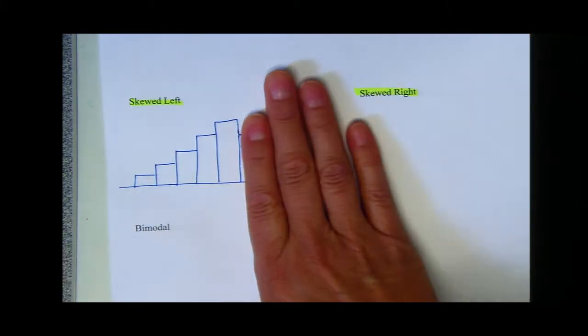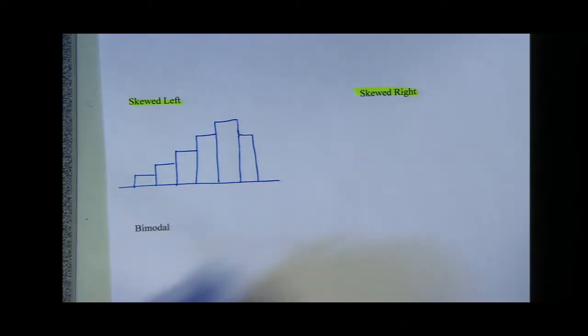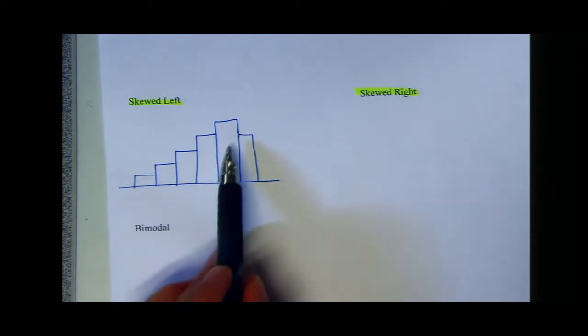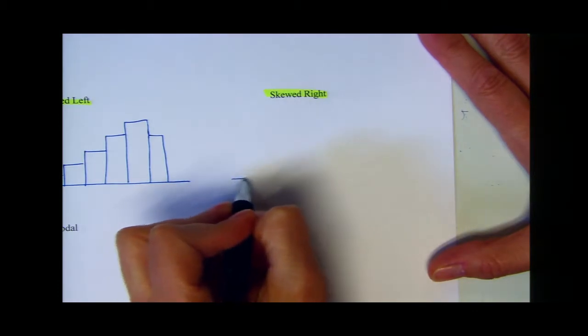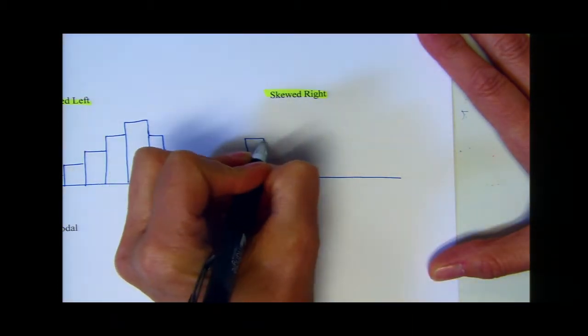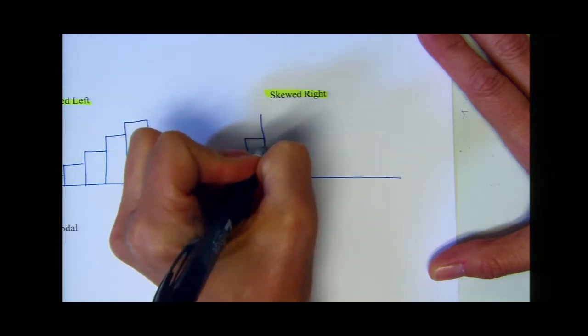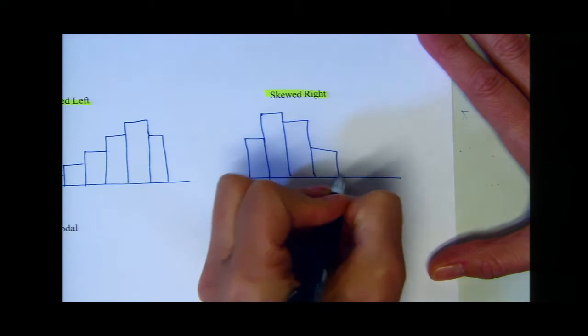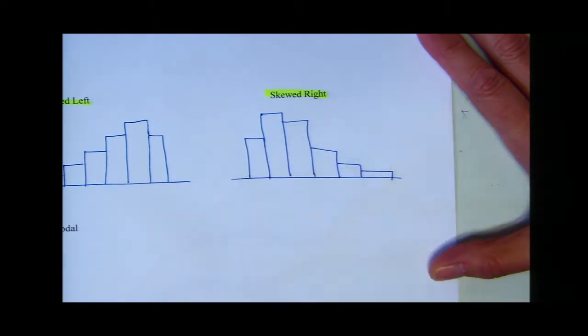Sometimes that may be the only way that they have it. It would look like this. But you could have additional bars on the other side, but there are more bars on the left of your tallest. A skewed right then would just mean that it goes heavy to the right side. So an example of that might look like this. So that would be an example of skewed right.